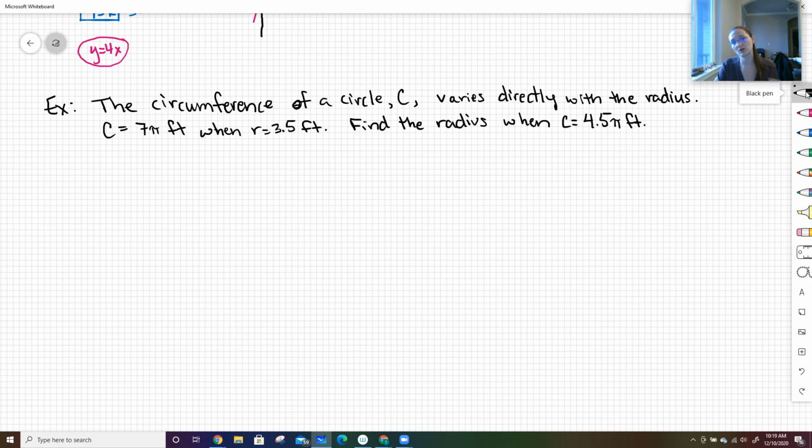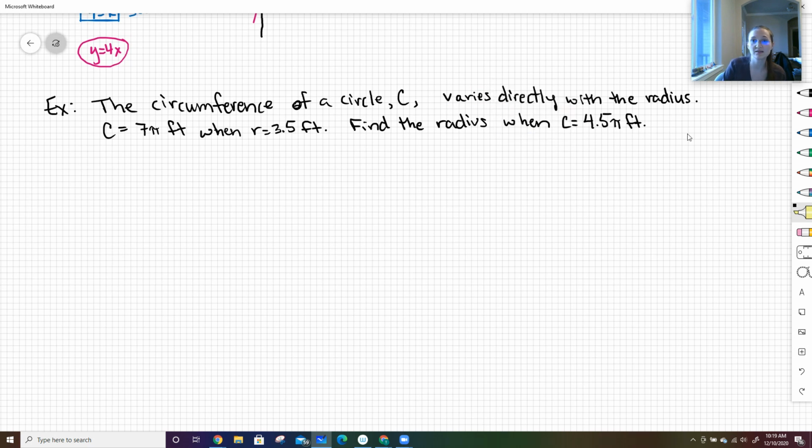So one of the beautiful things about math is there's lots of ways to solve this, but because it says varies directly in our problem, let's start with our direct variation. It says the circumference varies with the radius.